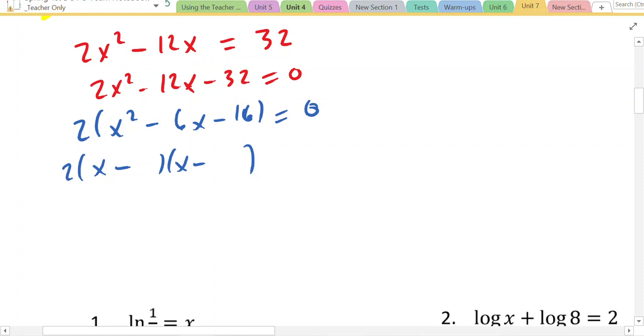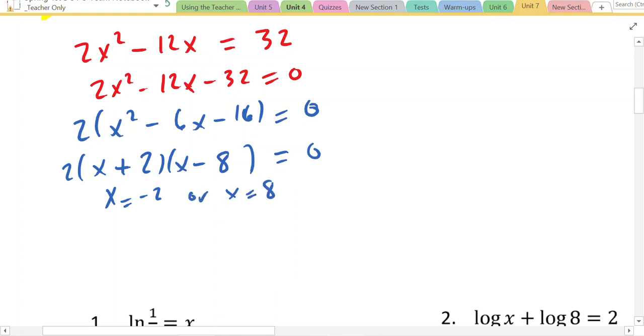We'll figure out which one's plus. So I need something that multiplies to give me 16, but the difference is 6. Well, that's 8 and 2. In order for the negative to be a negative 6, we have to have plus 2 equals 0. And from that, we know that x is equal to negative 2 or x is equal to 8.